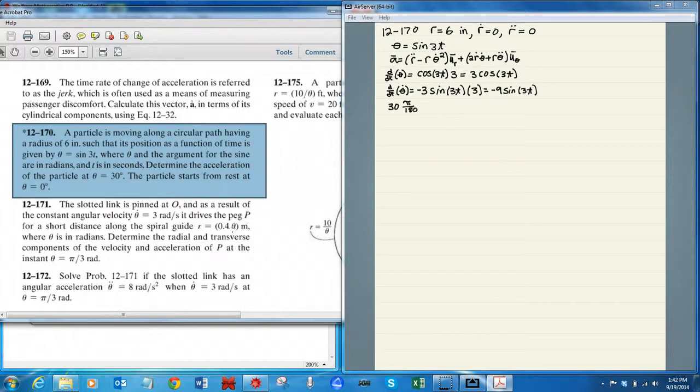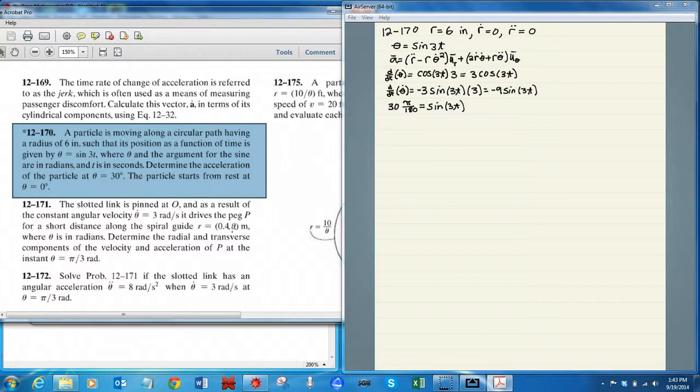So now I have radians, and that will equal the angle theta, which is equal to the sine of 3t. Basically this last equation gives me what I need to find t. Once I know what t is, I'm going to substitute that in and get theta double dot, and then get theta dot. I already know theta, and then I'm just going to plug directly into the acceleration equation.